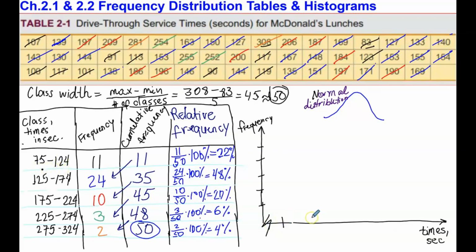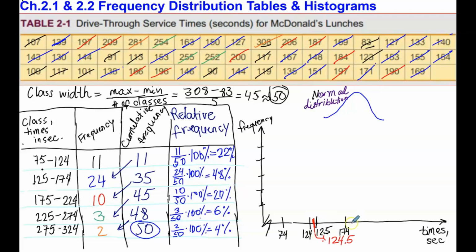Let's see what happens. The next class starts with 125 to 174. Between 124 and 125, there is a gap that we want to close. So we create a class boundary by adding the upper class limit to the lower class limit of the next class. 124 plus 125 divided by 2 is 124 and a half.